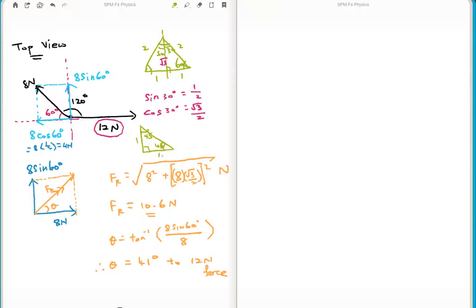The length here is 1, so this is root 2. Sine 45 is 1 over root 2. Cos 45 is also 1 over root 2. You may need to pause this video and then set out a table.